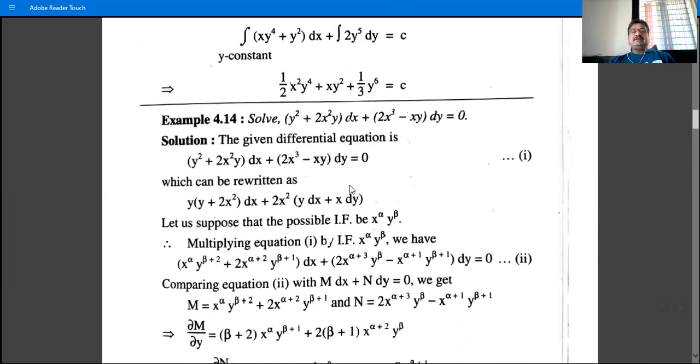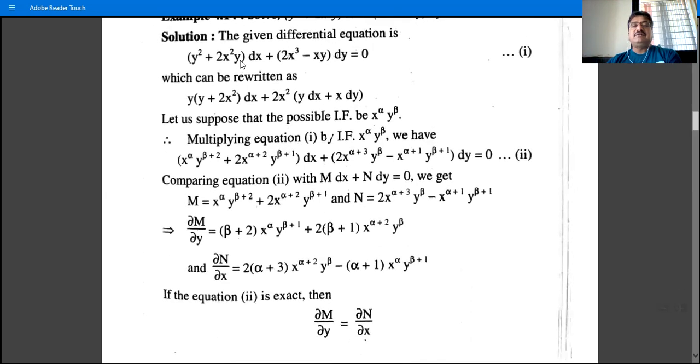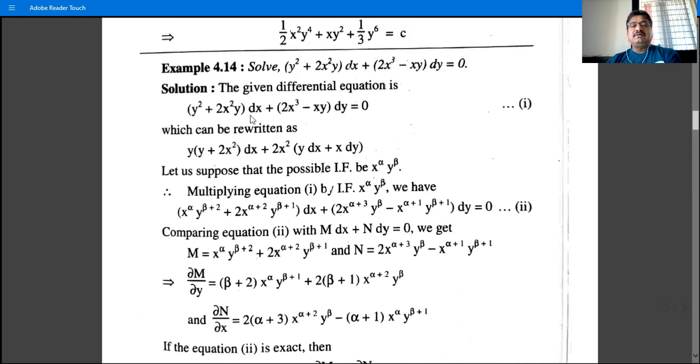Okay. The next example: solve (y^2 + 2x^2 y) dx + (2x^3 - xy) dy = 0. So the given differential equation can be written by taking y as common. This is the wrong way, so instead split all these terms.